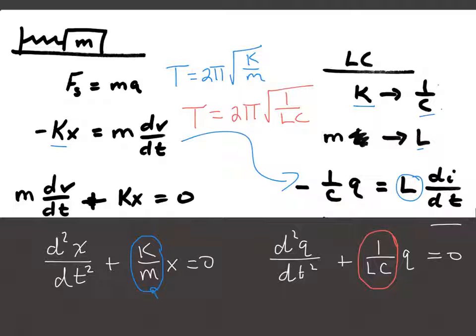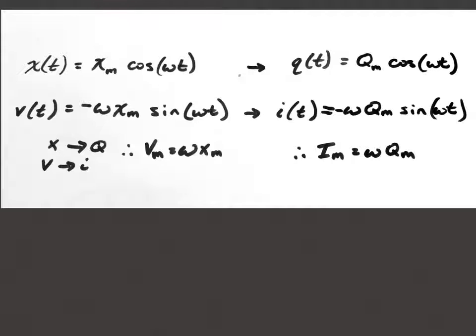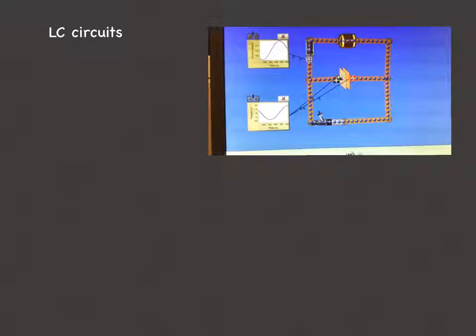And the last things are the energies. The energy for a capacitor is 1/2 times 1 over C times q squared.